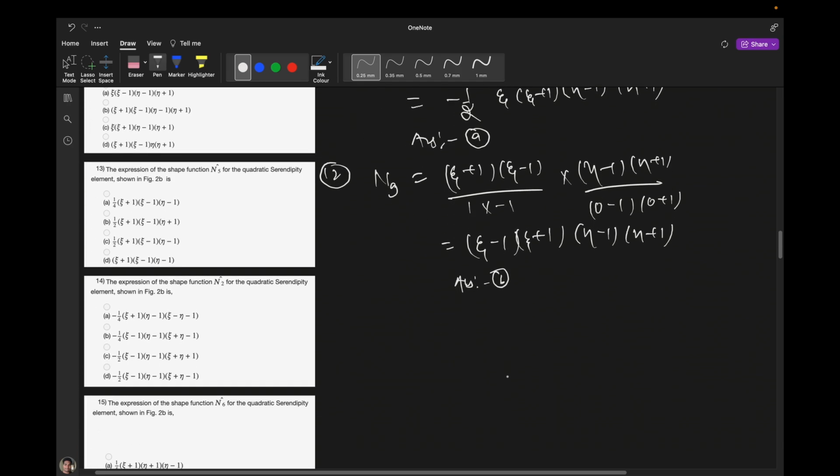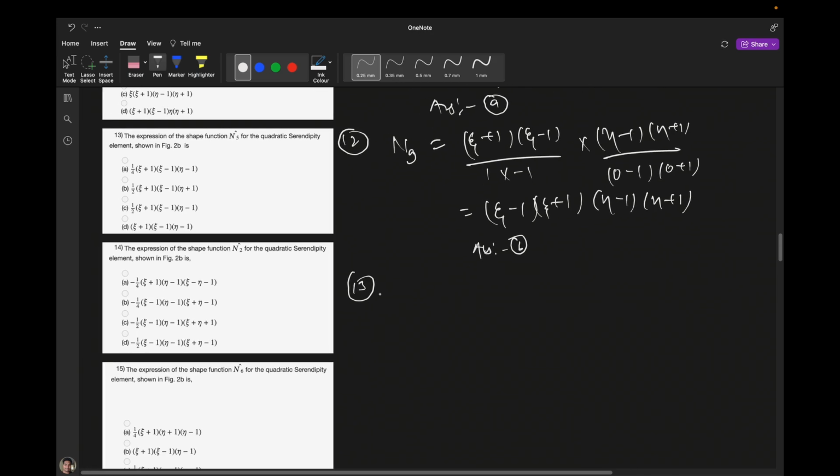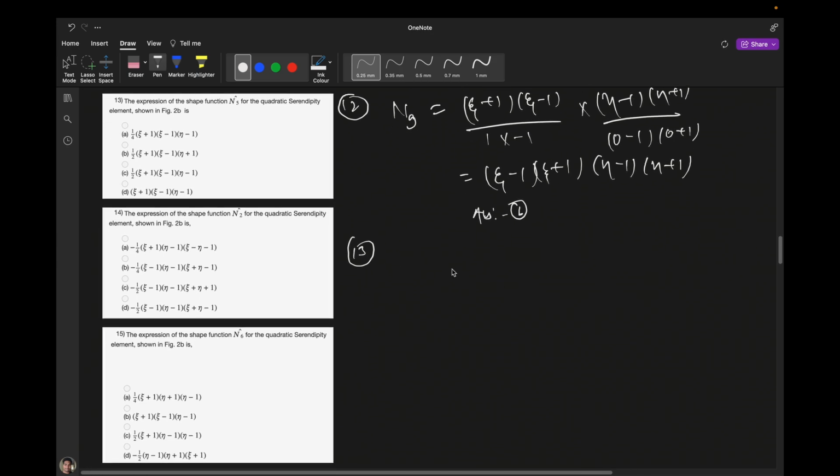Now it is saying we have to use serendipity. Okay, so sir has already talked about it, and first we need to see what are the nodal coordinates. Then we will do it.